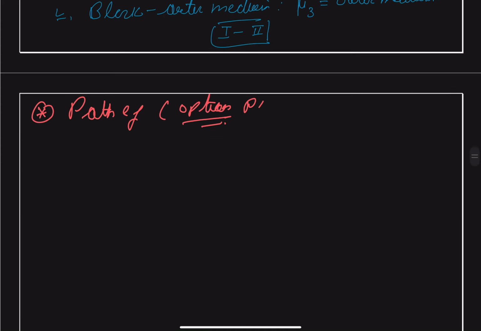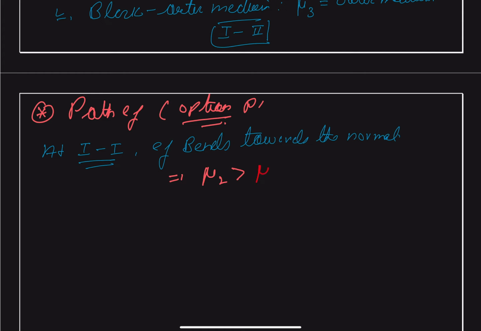So we can say at interface 1, the ray, that is our EF, bends towards the normal. So therefore we can say that the refractive index mu2, that is for the block, is greater than that for our prism.